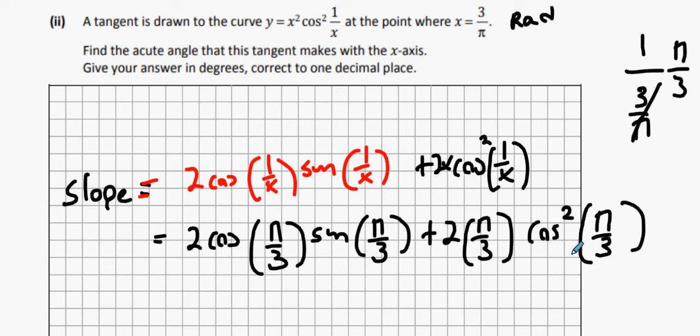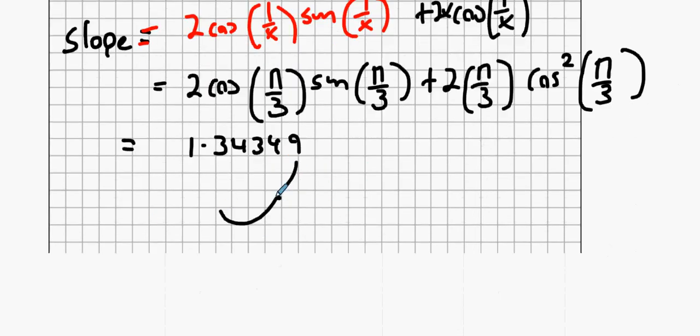Okay, and what we're hoping for, our answer, I think it'll just give you 1.34349. Okay, now we want to find this angle with the x-axis. As I said earlier, it's just a curve and it's going down like this.